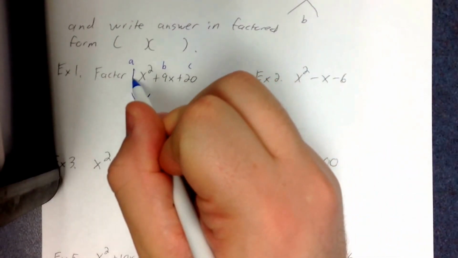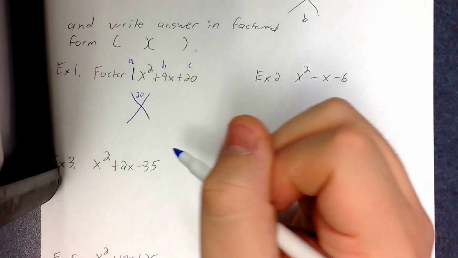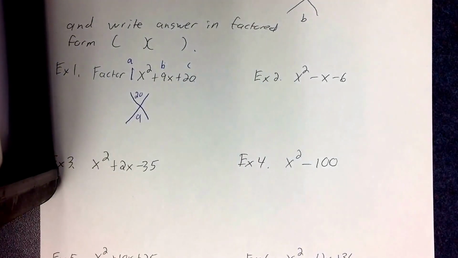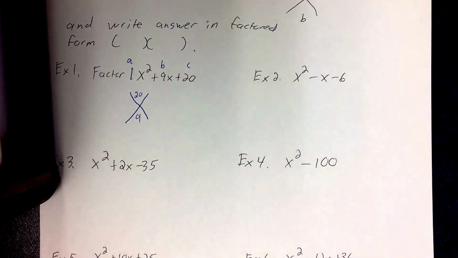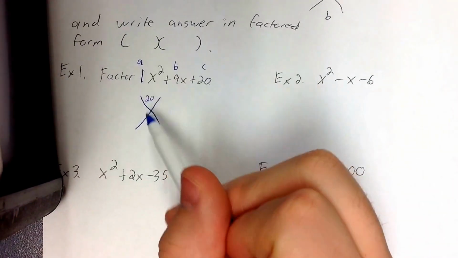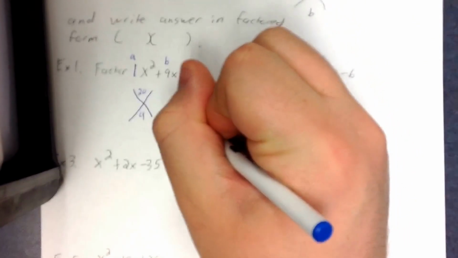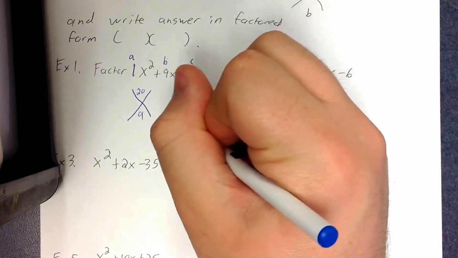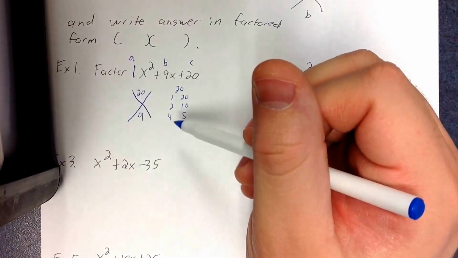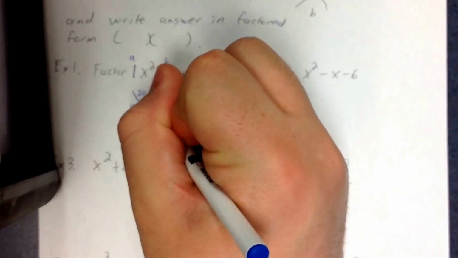So on top, A times C, well, 1 times 20 is 20, and B goes on the bottom, which is 9. So now that we know how to work the diamonds out, I need two numbers that multiply to get 20 and add to get 9. And since they're all positive, then I know my side numbers have to be positive. So I need to figure out which one of these adds up to 9. Well, that's 4 and 5.